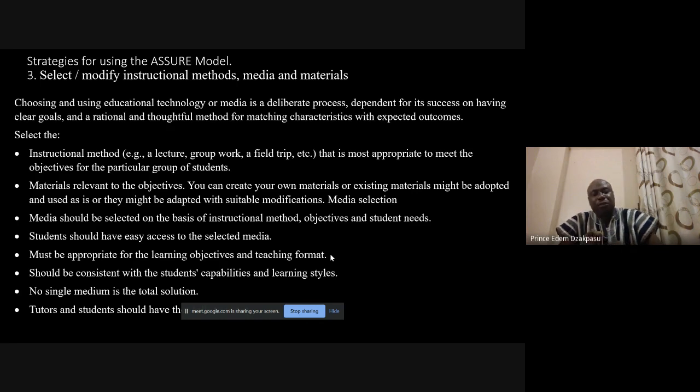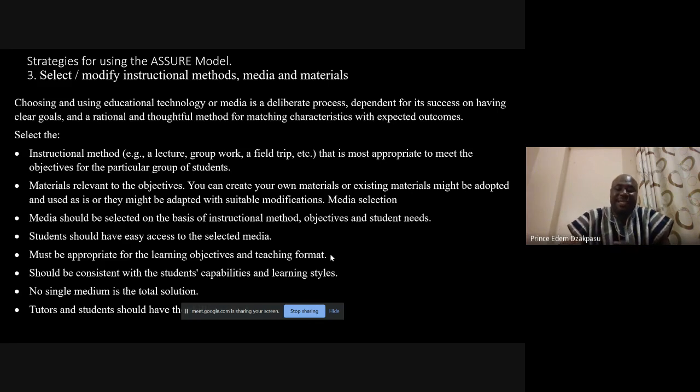Then we move to the second S, which has to do with select or modify instructional methods, media, and materials. When we want to choose educational technology or media, this is a deliberate process. It is dependent, because the success of our lesson is dependent on the kind of media that we will select.